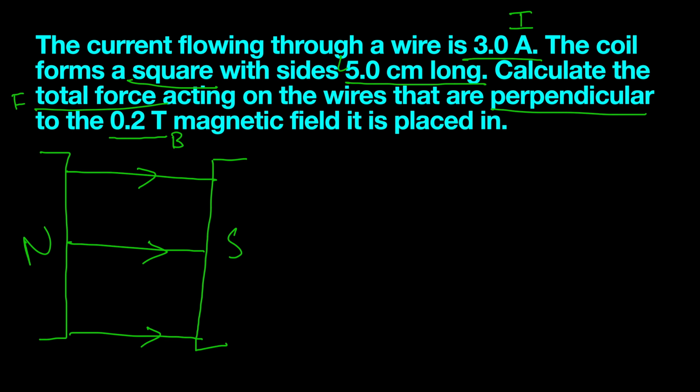Now, the current flowing through our wire is 3 amps, and the coil forms a square. So let's draw that square out. So that's our coil of wire, our square coil of wire. And its lengths are 5 centimeters long.